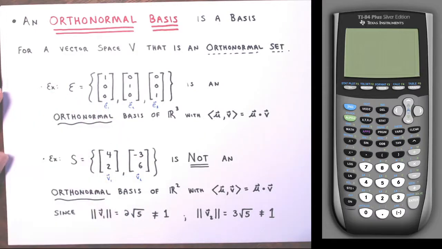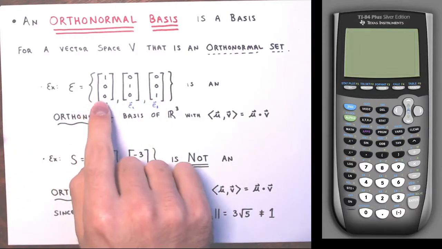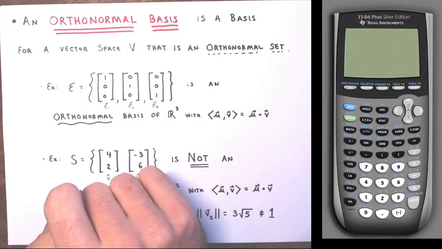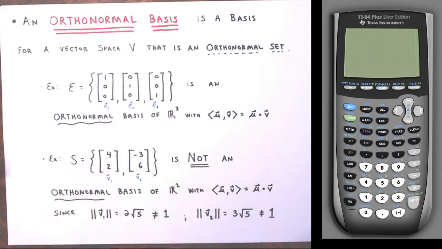Okay, so a simple example would be the standard basis for Euclidean space under the standard Euclidean inner product, the dot product. So that example I had up earlier, with 1, 0, 0, 0, 1, 0, 0, 0, 1, this is an orthonormal basis of R3 as well. It's orthogonal and it's orthonormal, because every vector is a unit vector.